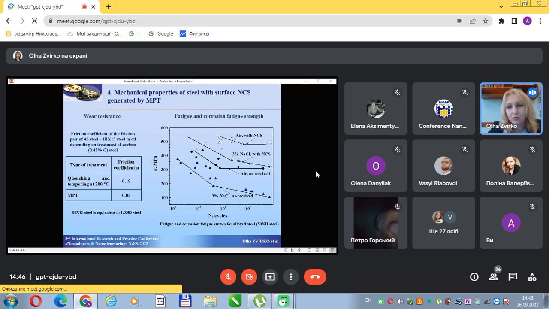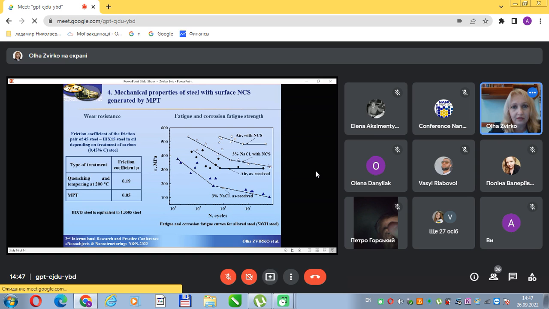And what is also interesting from this data is that application of the mechanical pulse treatment for steel allows us to significantly improve corrosion fatigue strength of the material, and it is similar to fatigue strength of as-received material in air, which means there is little influence of corrosive environment on fatigue strength of the material.